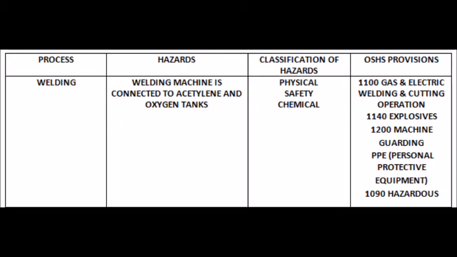For this process, the classification of hazards are physical, safety, and chemical, and the OSHS provisions for this process are number 1100 or gas and electric welding and cutting operation, number 1140 explosives, number 1200 machine guarding, and the PPE or personal protective equipment, and 1090 hazardous materials.